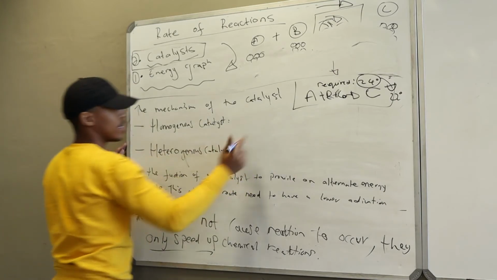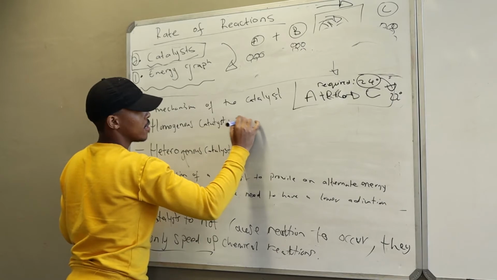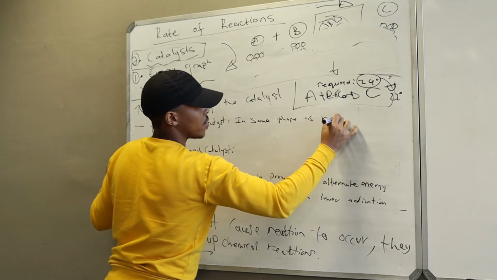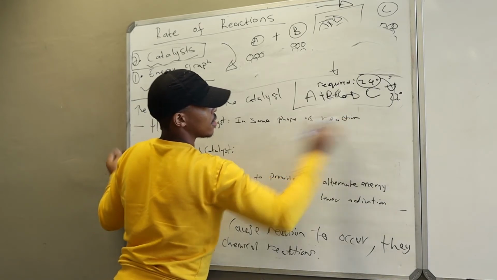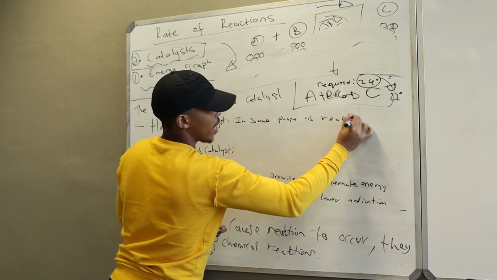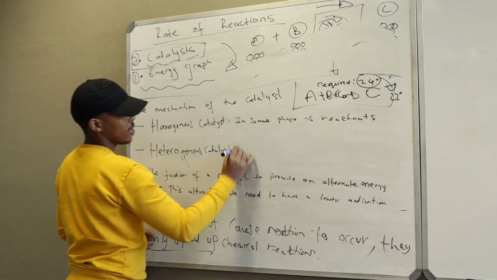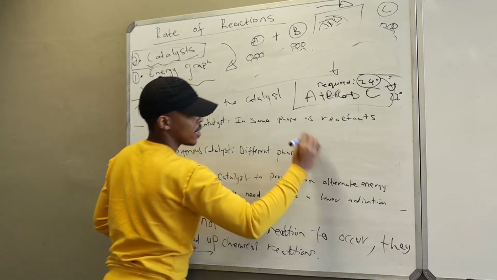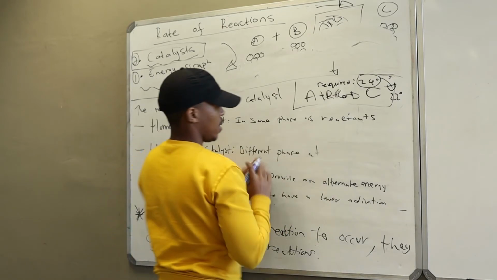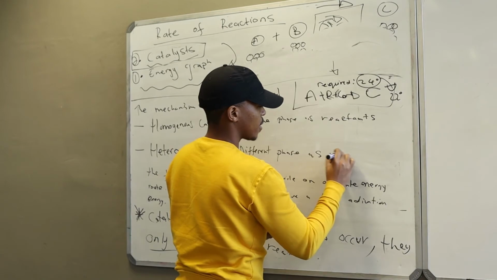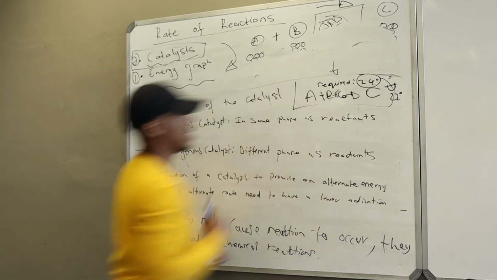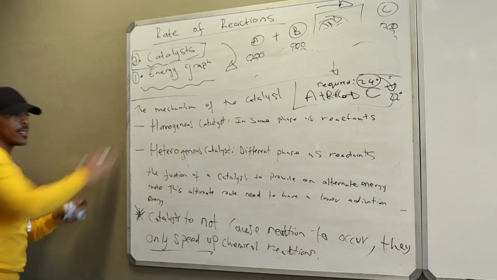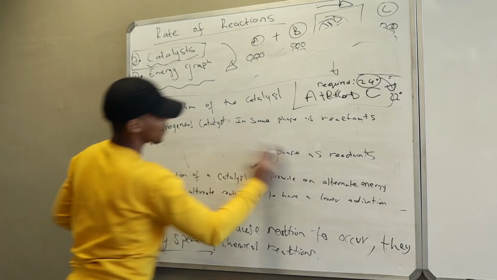The first catalyst is in the same phase as the reactants, and this one is in a different phase from the reactants. So there are two types, homogeneous catalyst and heterogeneous catalyst.